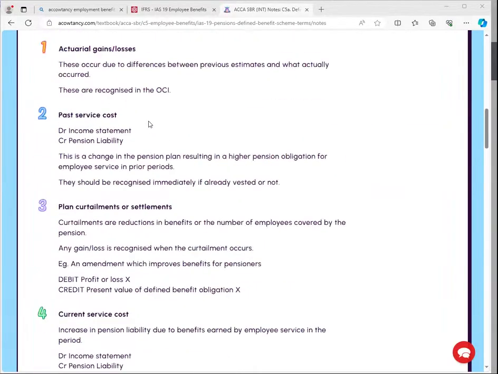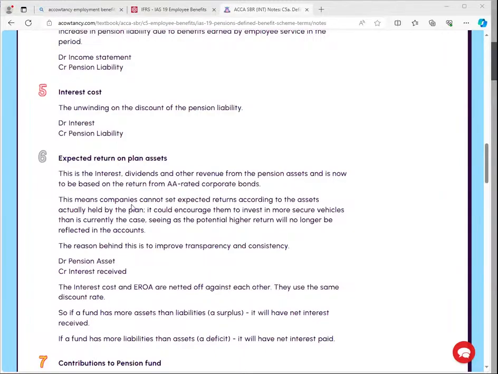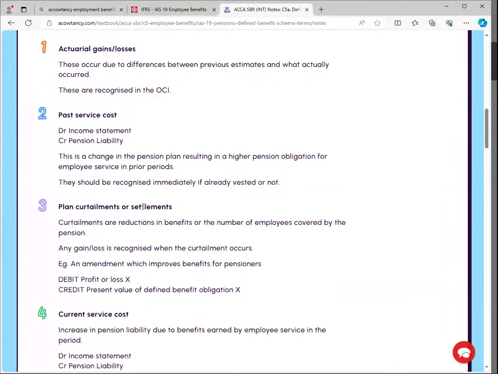Current service cost. When these guys are serving us, we expect an increase in pension liability due to the benefits earned by employee service in the period. These guys are serving us today.